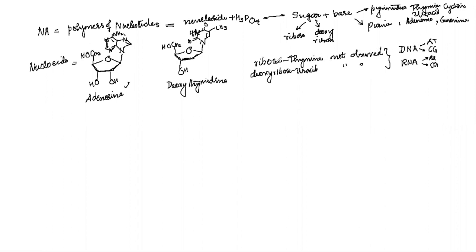DNA does not contain ribose, it contains deoxyribose. And see here, you don't have uracil here. So this is a second way of telling you that DNA contains only these bases, RNA contains only these bases. And RNA does not contain thymine, it contains AUCG. So this is just a different way of telling you which bases are present in which nucleic acid.